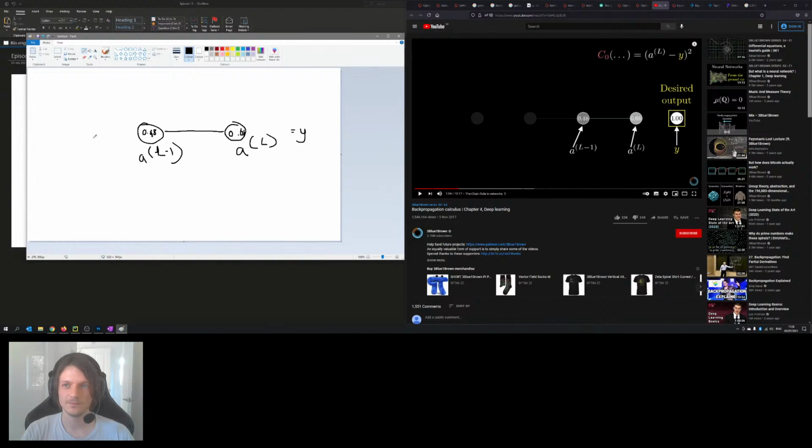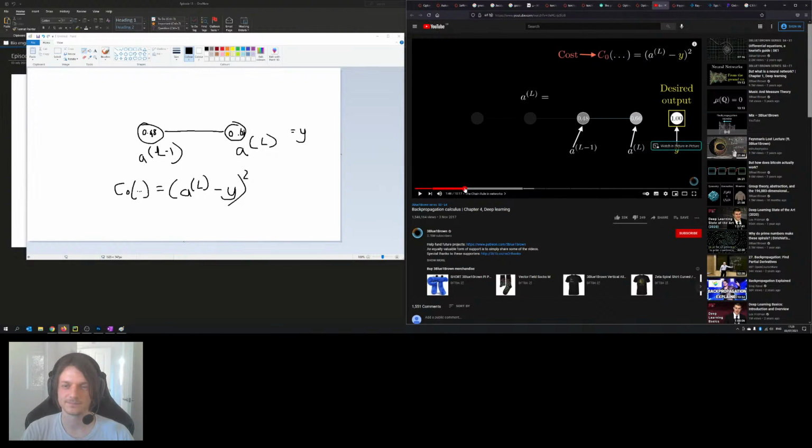Then this whole thing becomes the activation minus the desired output, squared. That's what that means, and that is equal to the new cost. So this is C0, and you run this function over and over again, and that looks like that.